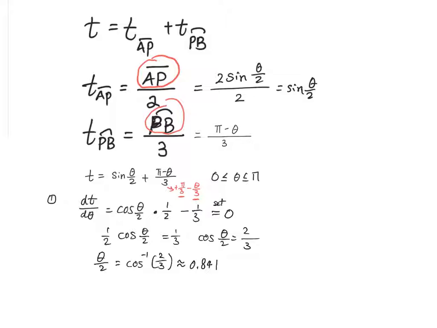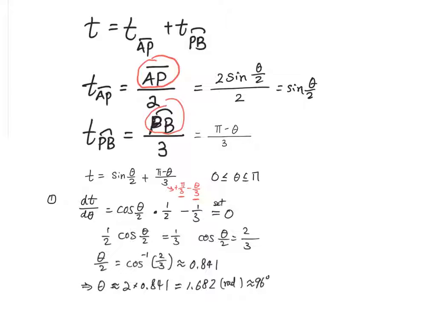Make sure that your calculator is in radian mode. This is equivalent to theta approximately equal to 2 times 0.841, which is 1.682. This is radian measure. It is about 96 degrees.